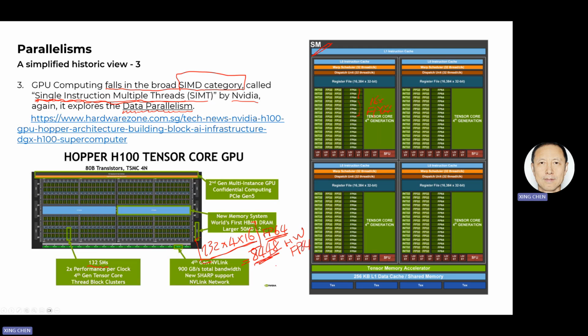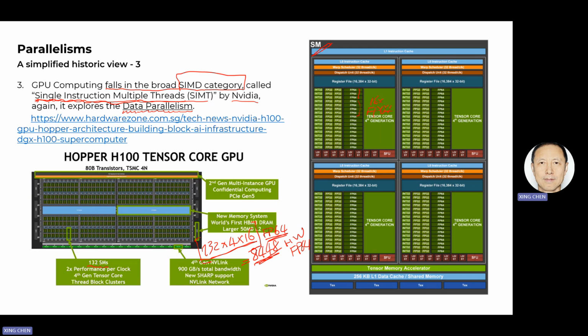If we come back and think about the basic concept of single instruction multiple data, or single instruction multiple threads, I have a single instruction, and I'm going to have 8,448 threads. I give one instruction to the threads, and the threads can be executed on 8,448 hardware units.